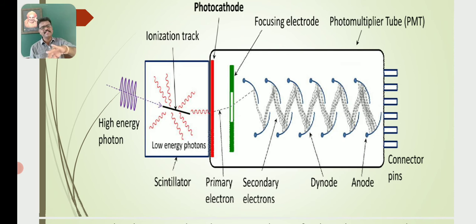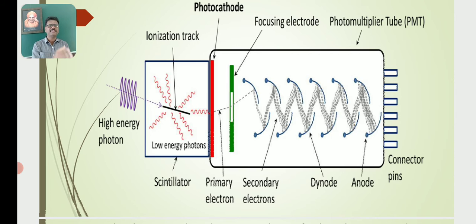Further, these secondary electrons are made to be incident on the second dynode. Like that, we will get a large number of electrons, and all those electrons are made to be incident on the anode.